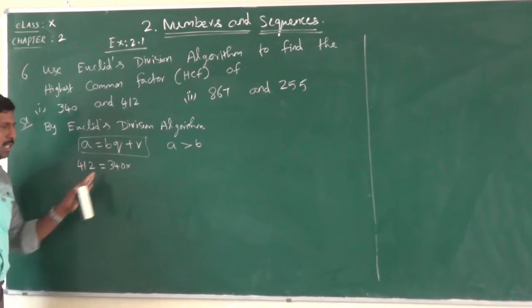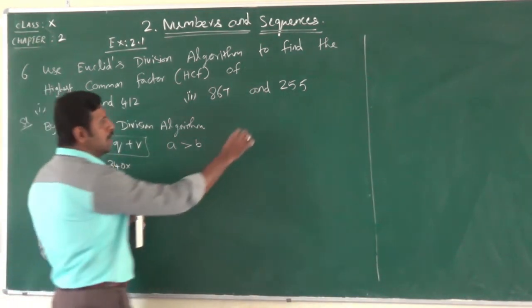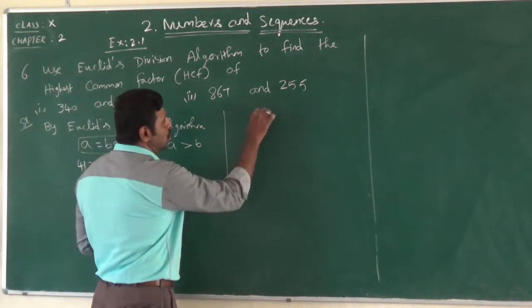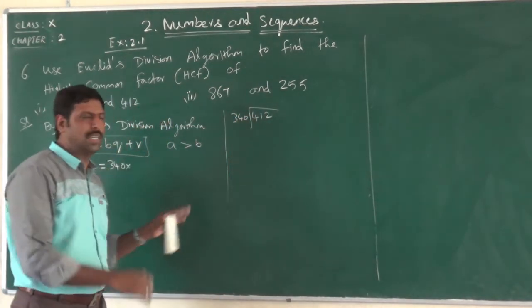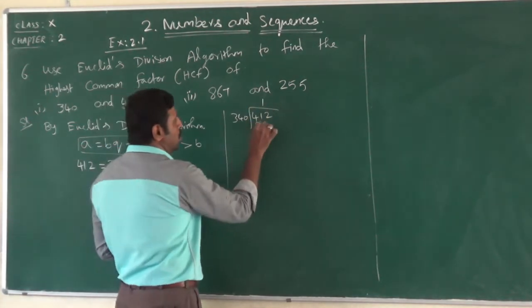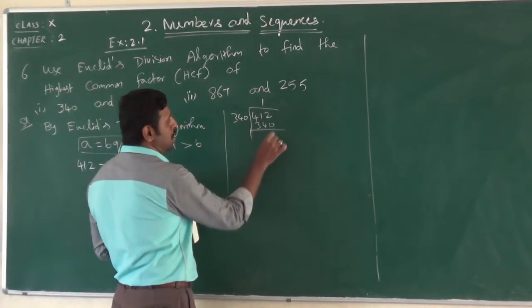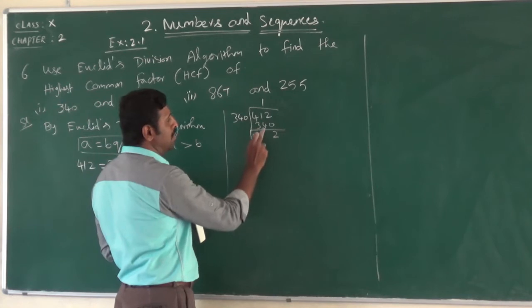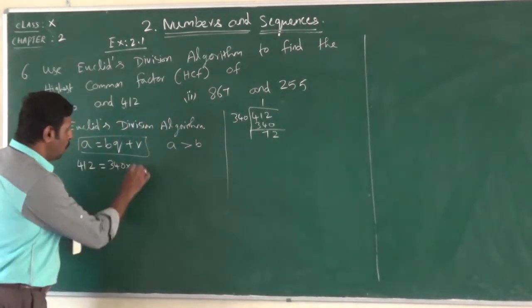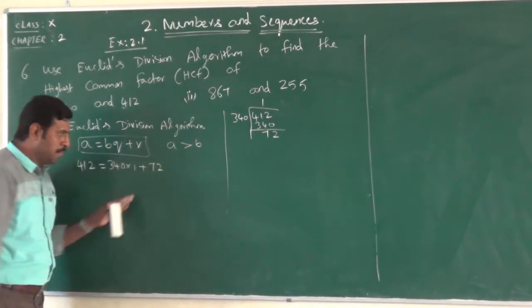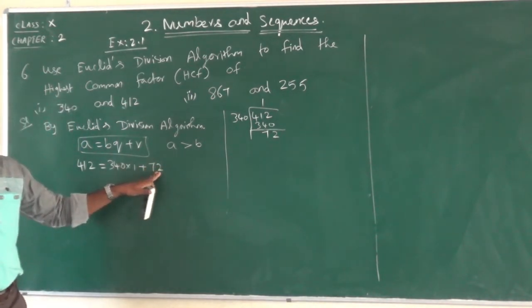Now we want to find the quotient and remainder. 412 divided by 340 is clearly one time. 1 into 340 is 340. When you subtract this, we get 72. So 412 is equal to 340 into 1 plus 72. The remainder is not equal to 0.